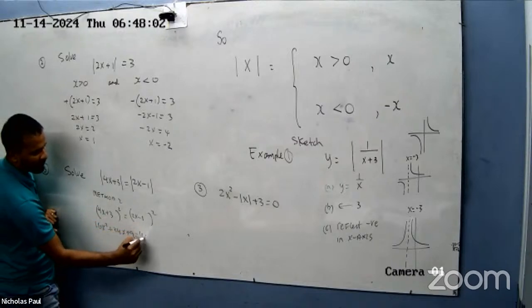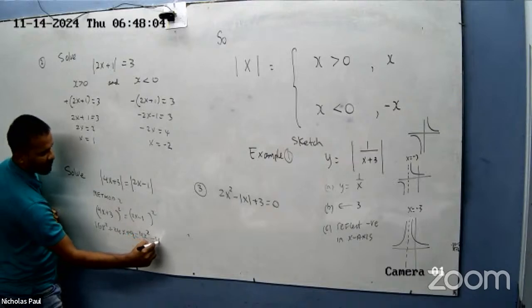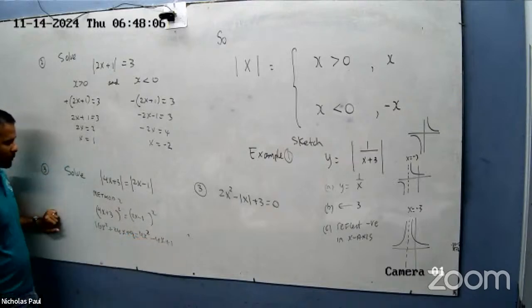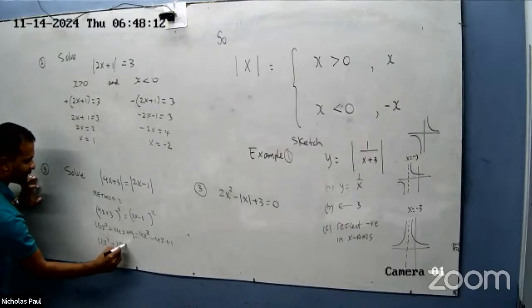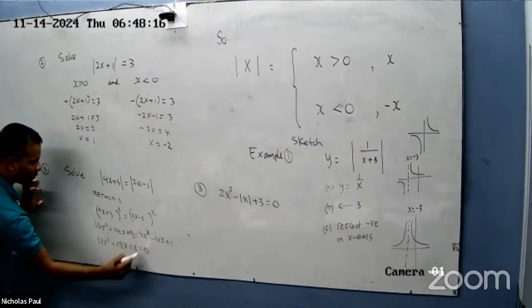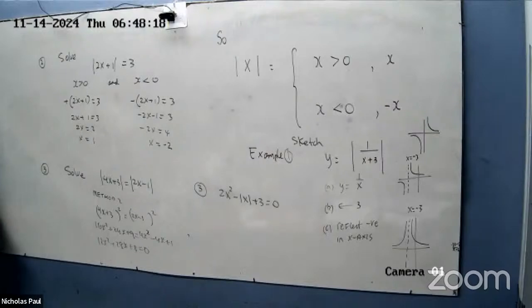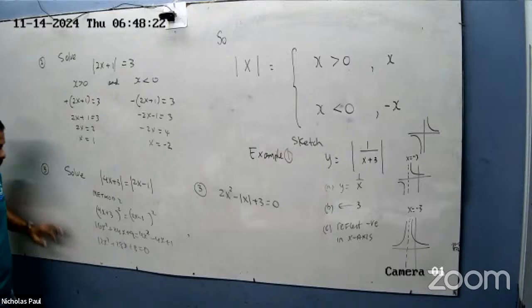Here I will get 4x squared minus 4x plus 1. When you work it out, you will end up with 12x squared plus 28x plus 8 is 0. Use the calculator now. x is what?